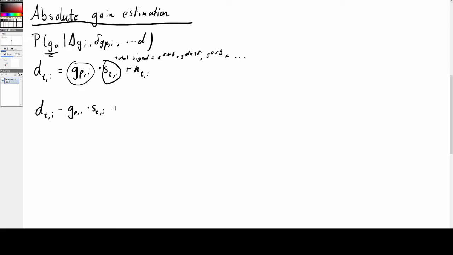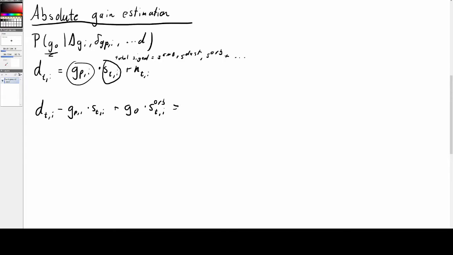And then we add back in G naught times S_orbital at time t for detector i. And this will depend on the detector, because at the given time, not all detectors will be pointing at the exact same location in the sky. So we need to include that both for the total signal and for the orbital dipole.